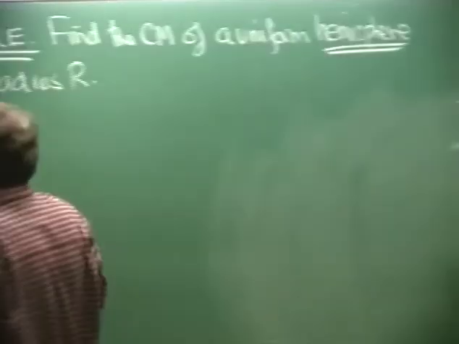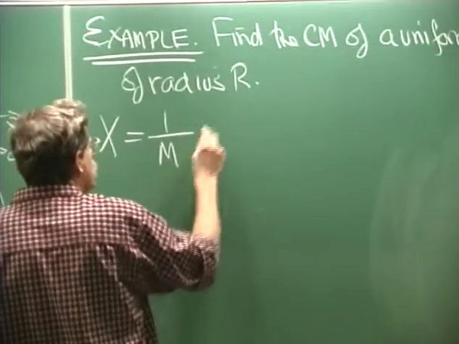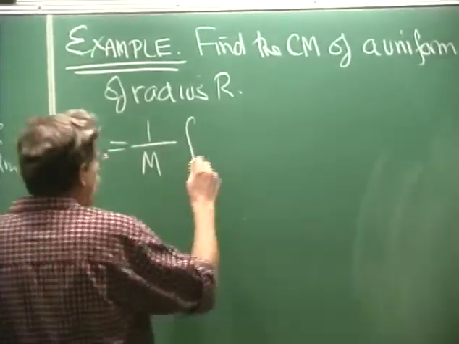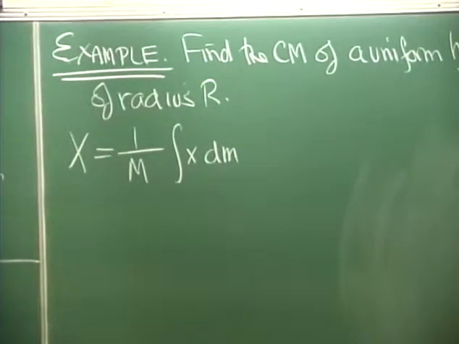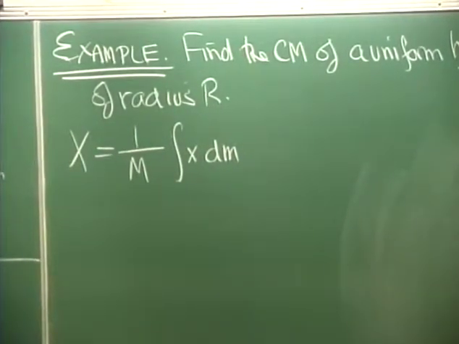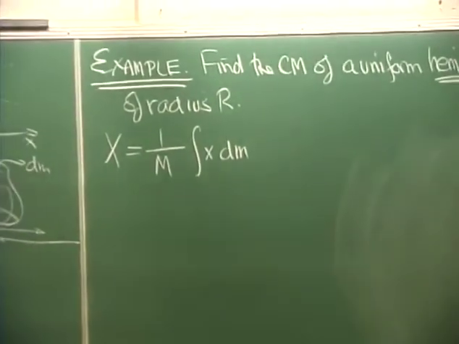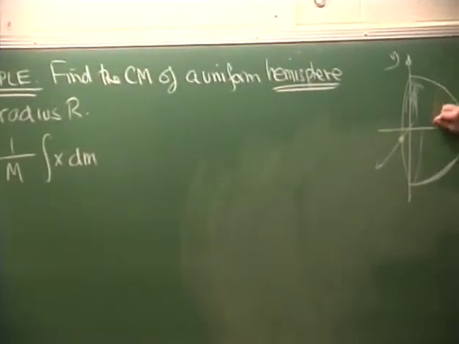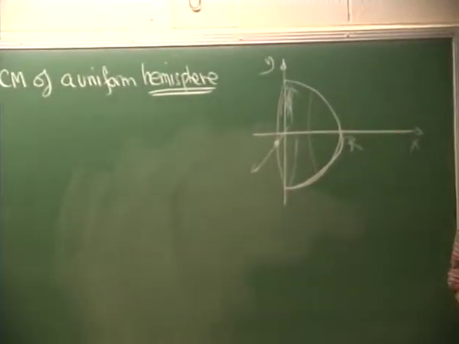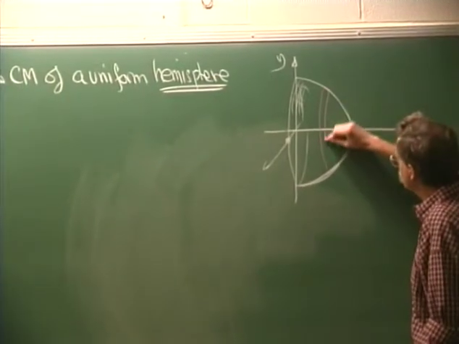How do we do this? What I want to do is calculate x-bar equals 1 over the total mass times the integral of x dm. What I have to do first is chop this thing into slabs, each one of which has a particular value of x. So here's a slab. I run this thing through a bread slicing machine or something, and here's one slice of bread.